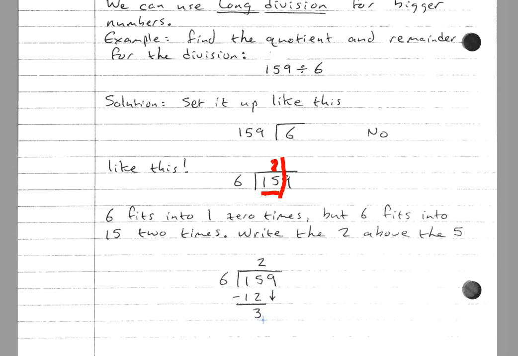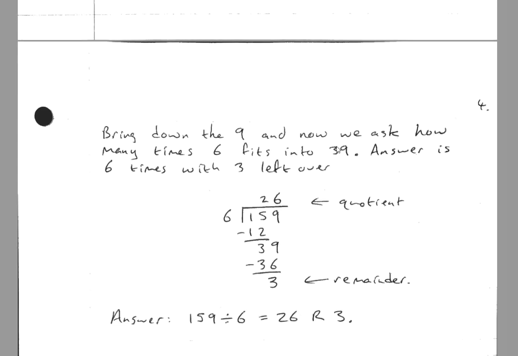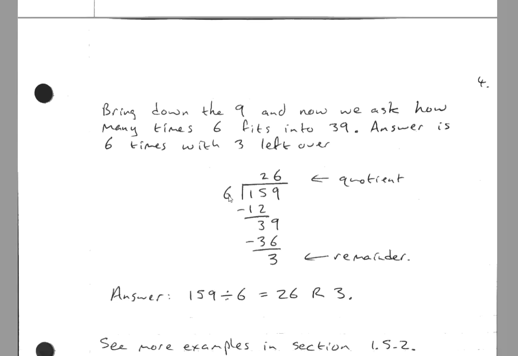Subtract that 12, we have 3 left over, and then bring down the 9, so we get 39. Now we're looking at how many times 6 fits into 39. You can see it fits in 6 times.